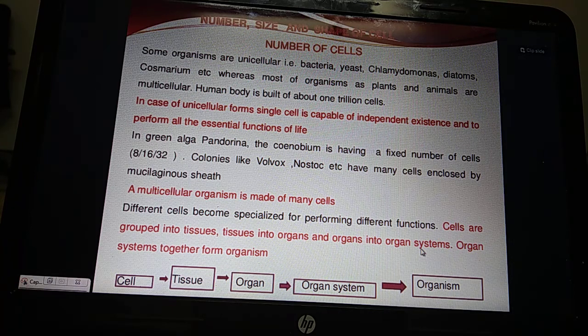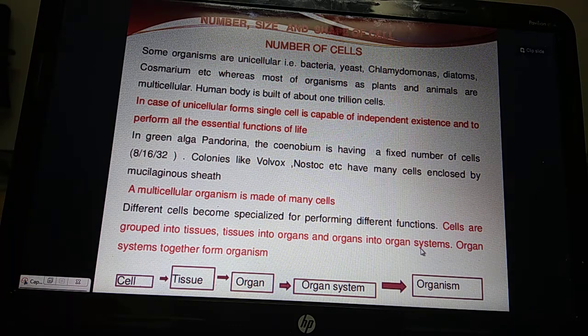If we consider the number of cells, that varies. As we saw, some organisms are made up of one cell only, but many plants and animals are multicellular. Even the human body is built of about 1 trillion cells. In a unicellular organism, the single cell is capable of doing all the functions.